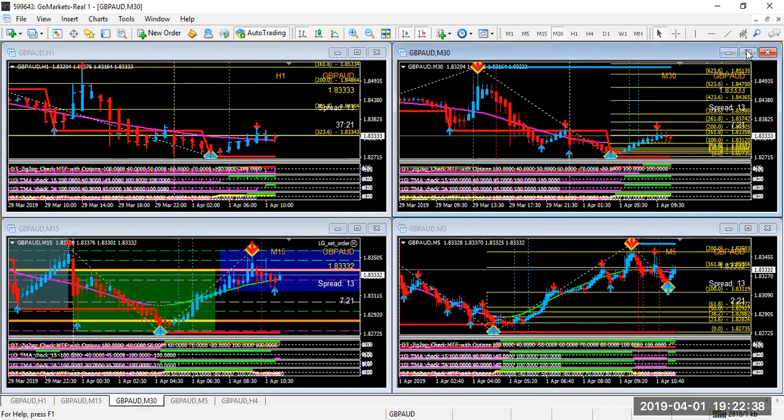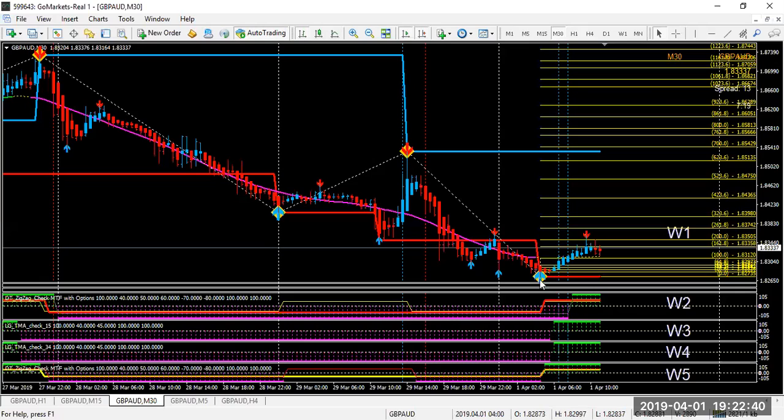Over here, we've got our 30 minutes. Okay, so the pink shading there is 2 time frames higher, so that's a 4 hour. So the 4 hour found a low.